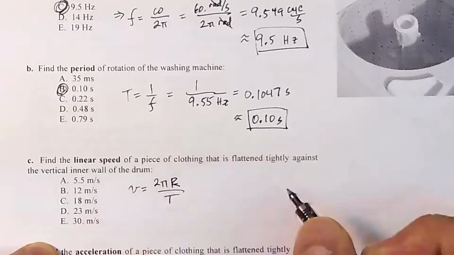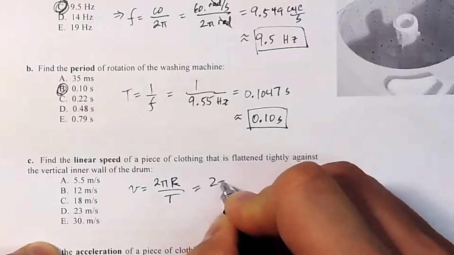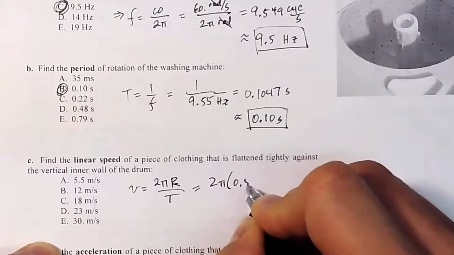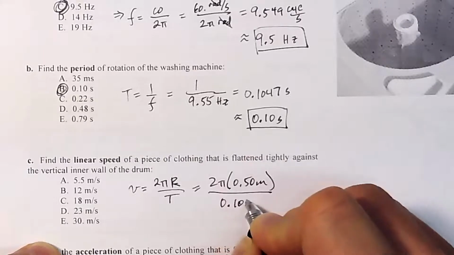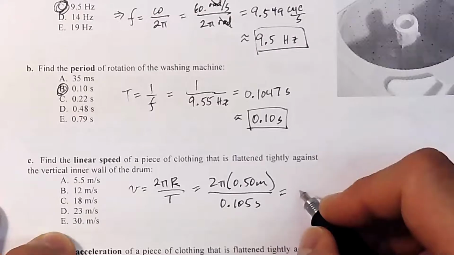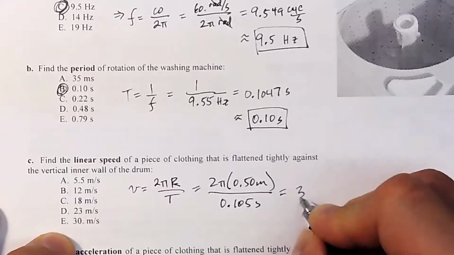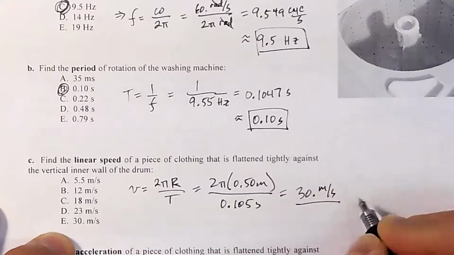We now know the period. We were given the radius. So let's use that equation. When I calculate that, it turns out I get exactly 30 meters per second.